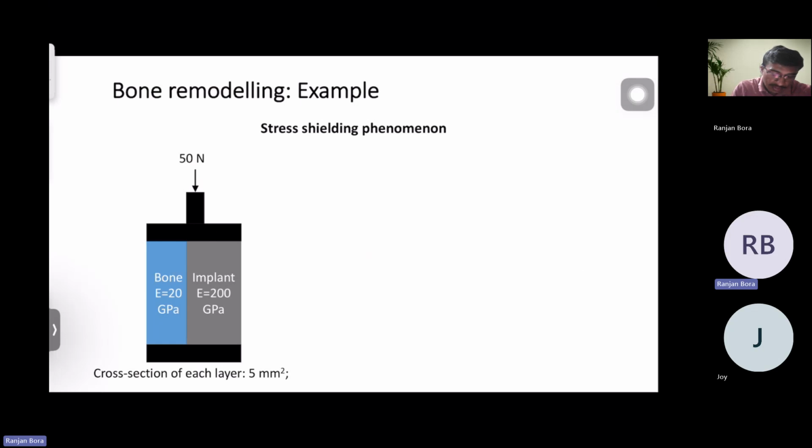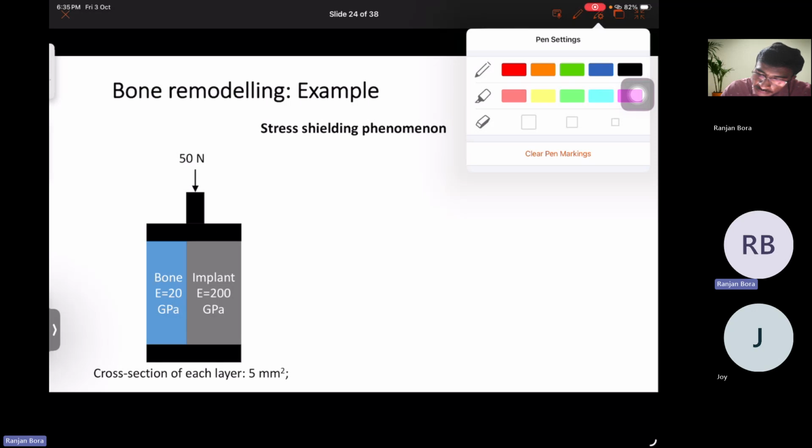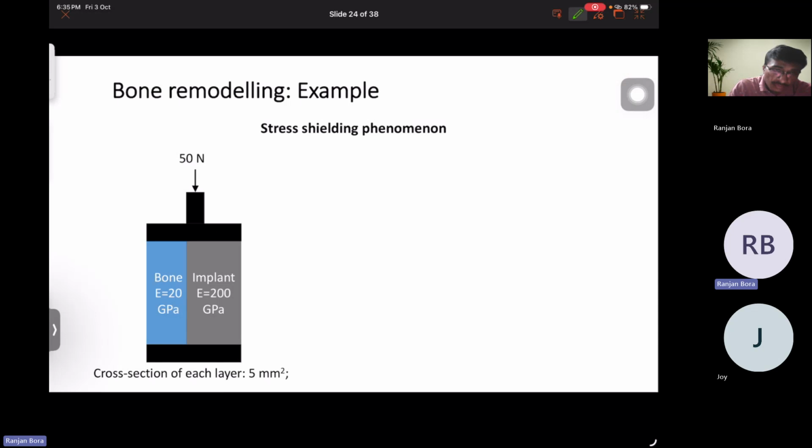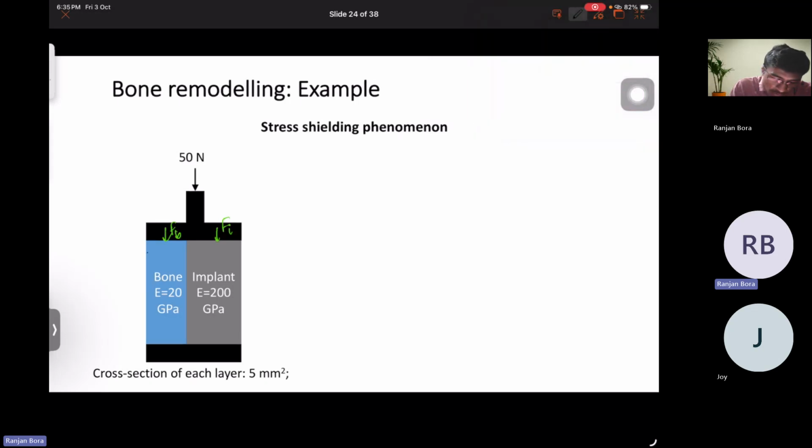Here, let us assume that 50 Newton is getting divided. Here it is FB and here it is Fi, and we'll assume because of the compressive load, the bone and implant are getting compressed by a displacement delta.